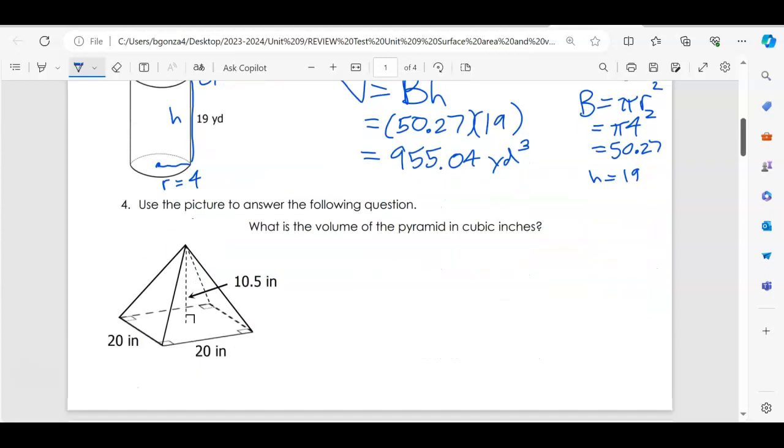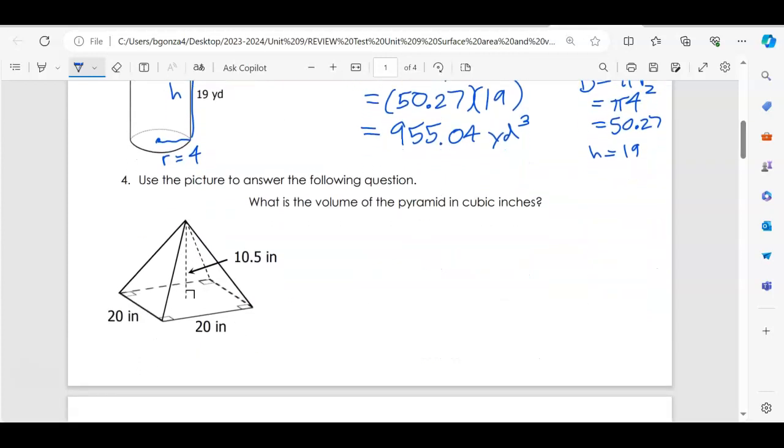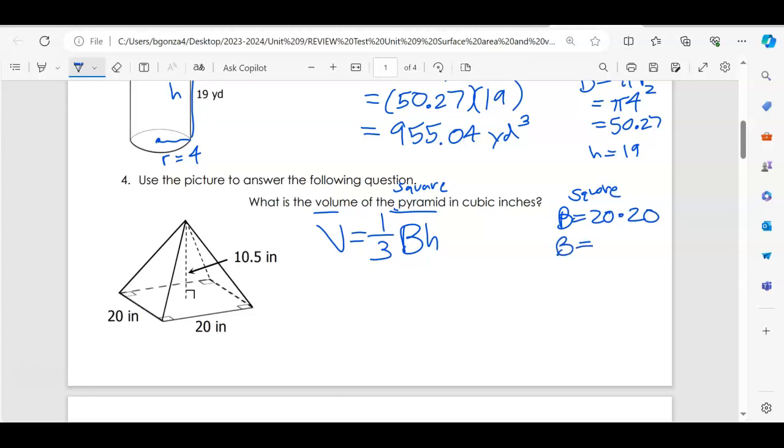All right, number 4. What is the volume of the pyramid? So it says it's a pyramid. It's a square pyramid. So volume of pyramids and cones is 1/3 BH. So the B of a square, the area of a square, is in this case 20 times 20. So B is 400. The height that they give us is 10.5.